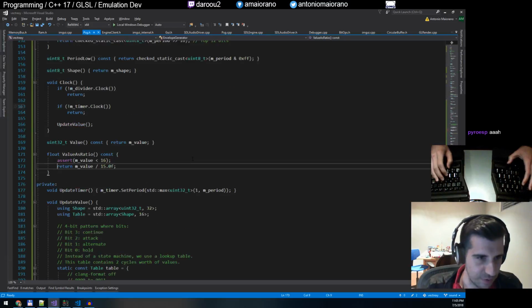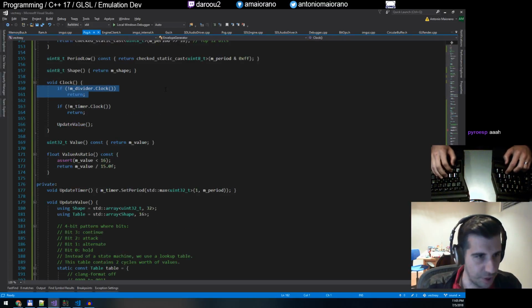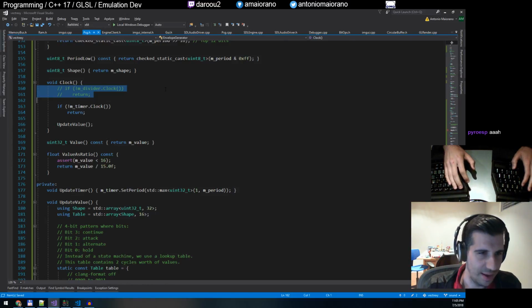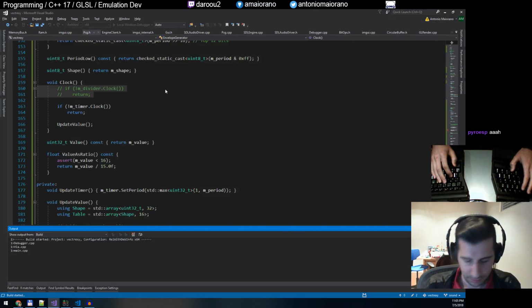I'm going to just remove this divider here because I have a feeling this is making it last super long. Yeah, just a feeling. Let's just see. I'm going to fast forward now through it. So we're going to hear some little pops and glitches in the sound.